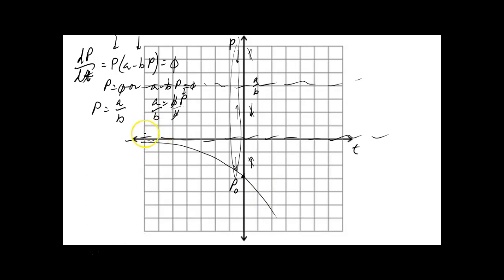They said it was increasing here, so we're going to choose that it crosses there at t equals 0 at another P0. I don't know why they're naming them all the same thing, but they're saying this is an S-type curve approaching P equals 0 as t goes to negative infinity, approaching A over B as a horizontal asymptote when t is going to positive infinity.